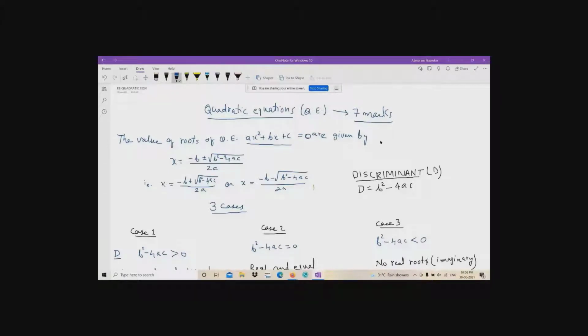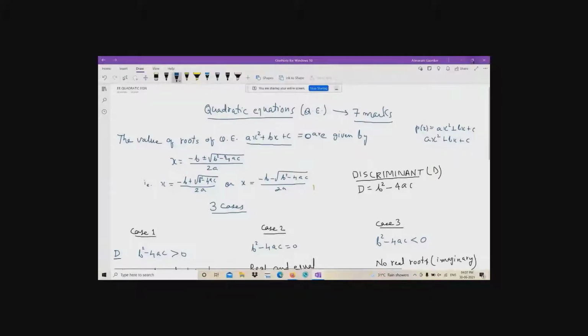Earlier in polynomials we used to write p of x is ax square plus bx plus c, and ax square plus bx plus c was called a quadratic polynomial. But here when we equate this to 0, it becomes a quadratic equation. Why quadratic? Because the highest power of the variable is 2.